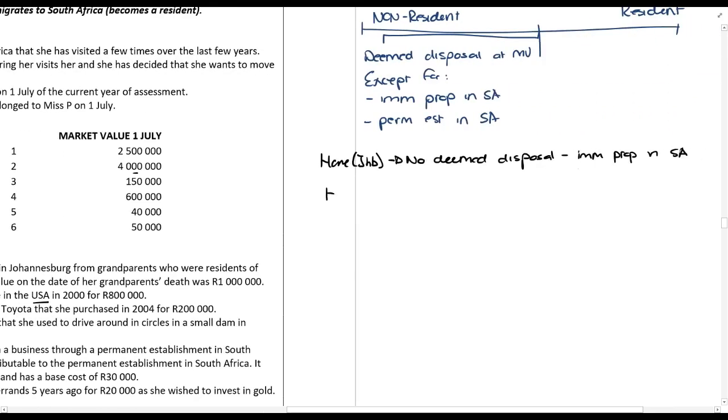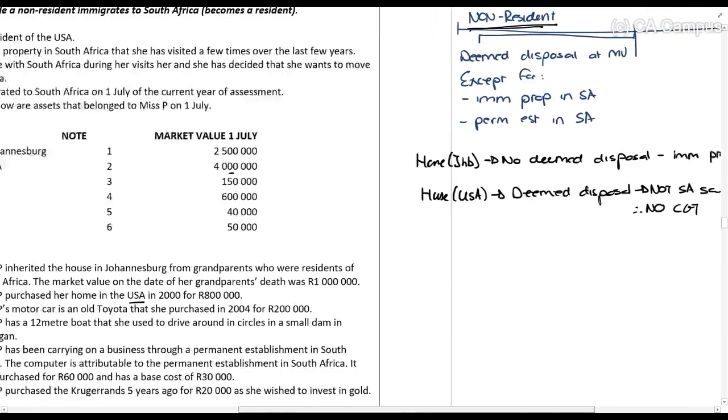So, the house in the USA, there is a deemed disposal. Now, important. What happens when a non-resident sells a house in America? What happens for South African tax purposes? Nothing. It's not from a South African source. So there's nothing that happens. Remember, you're disposing of it as a non-resident.